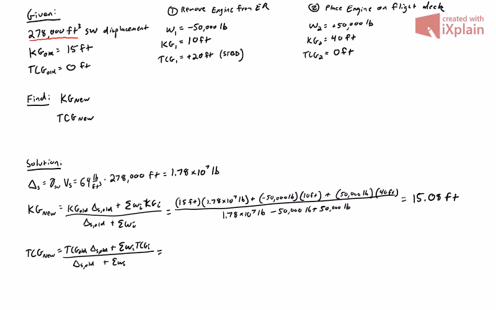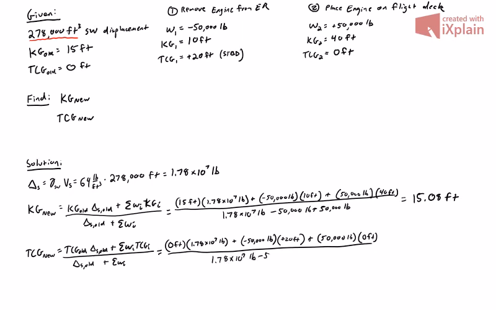The old transverse center of gravity was 0 feet times the old displacement, 1.78 times 10 to the 7th pounds, plus the first weight change of negative 50,000 pounds times the transverse position for that weight shift, which was the positive 20 feet, plus the second weight shift adding 50,000 pounds to the flight deck times the position of 0 feet, all over 1.78 times 10 to the 7th pounds minus 50,000 pounds plus 50,000 pounds.